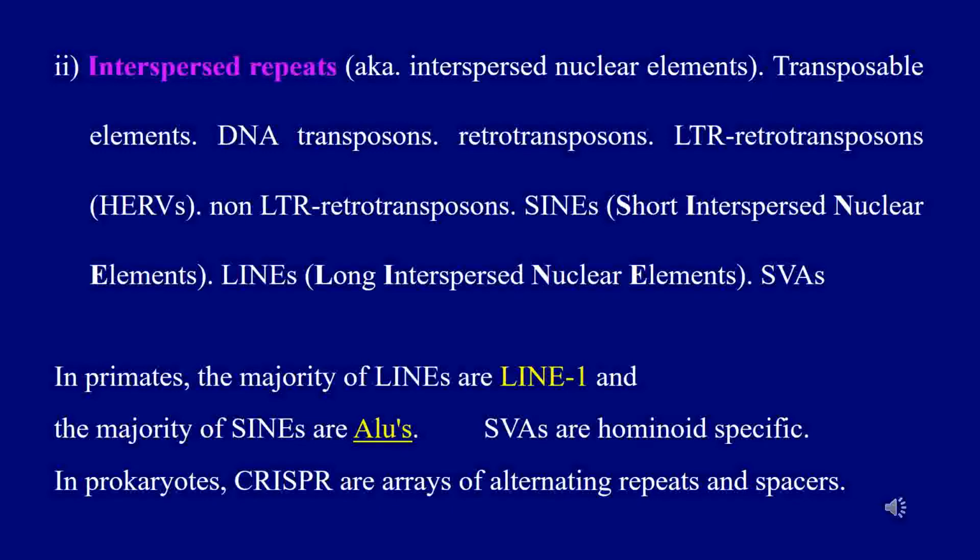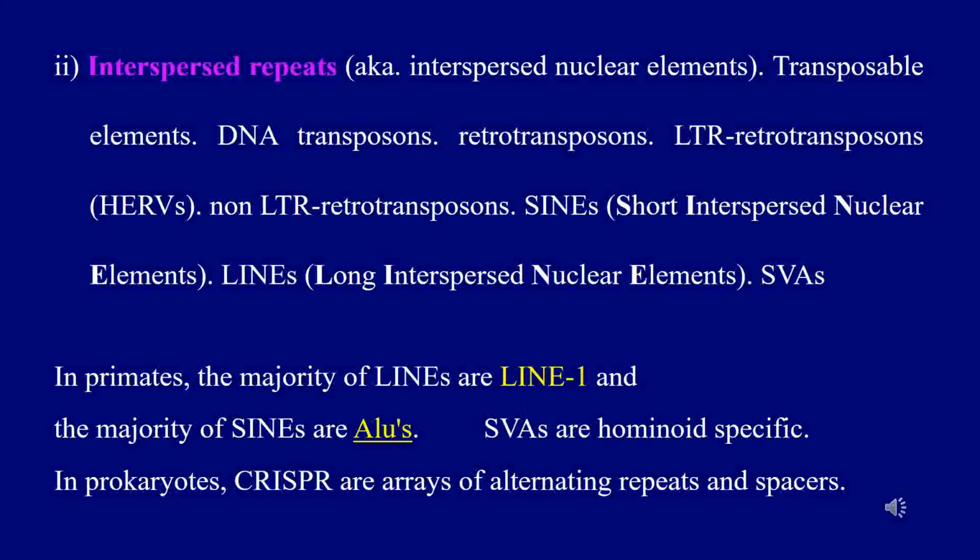Interspersed repeats are distributed in a scattered manner throughout the genome. This kind of repeats may be of transposable elements, which may be transposons or retroposons, LTR retroposons, non-LTR retrotransposons, then short interspersed nuclear elements, long interspersed nuclear elements, all these things.